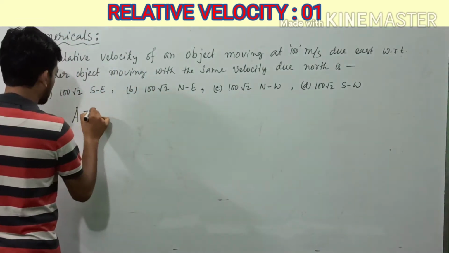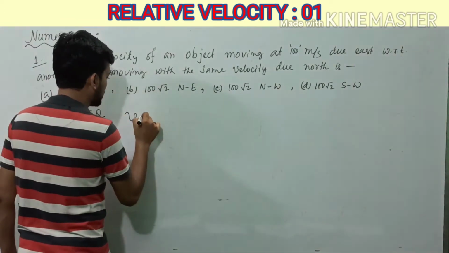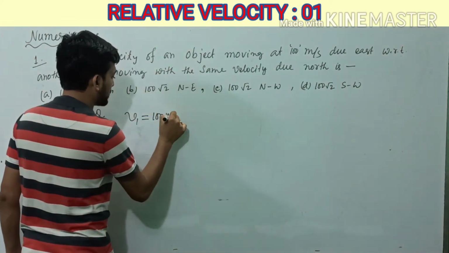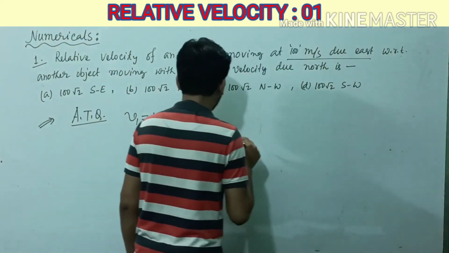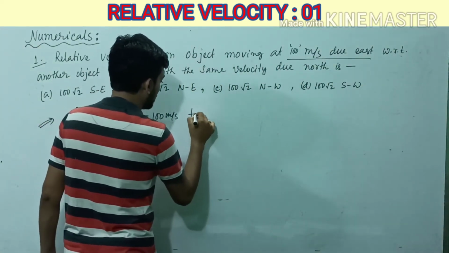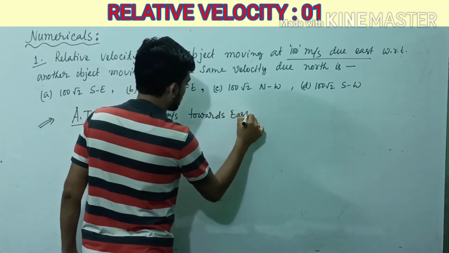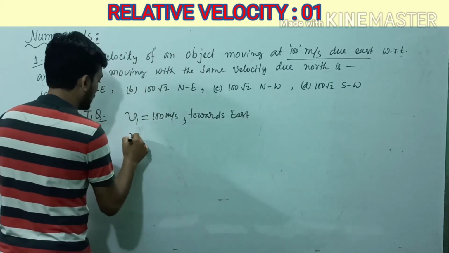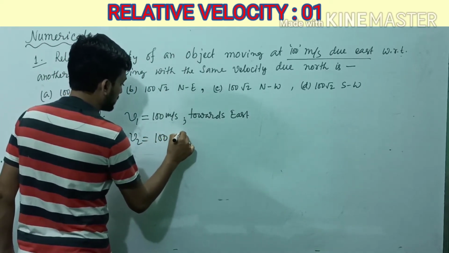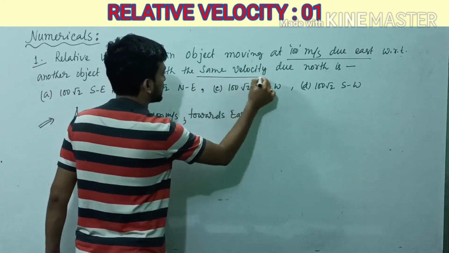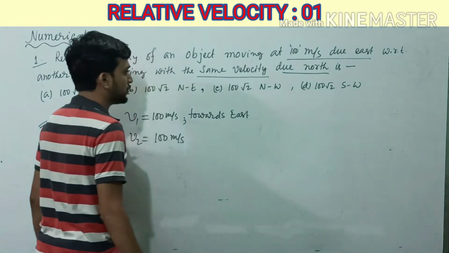So according to the question, we can write the actual velocity of the first object is equal to 100 meter per second, and it is towards east. And that of the second object will also be similar to the first one. How do I know this? It is given here, same velocity, and its direction of motion will be towards north.